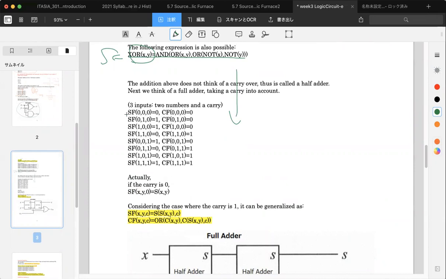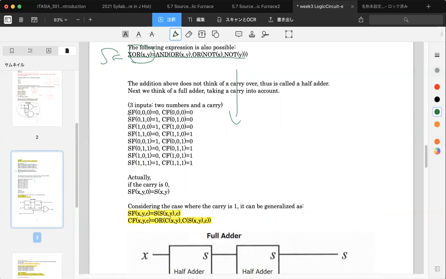And that's how the position number works here, suggested by this SF, and that's how the carry number works. So this is just the same logic as before, except there are three inputs. We can just go through them and briefly introduce them.